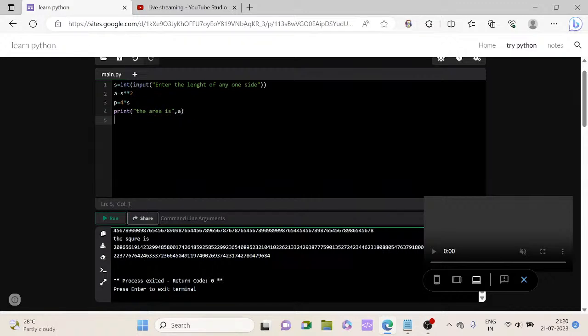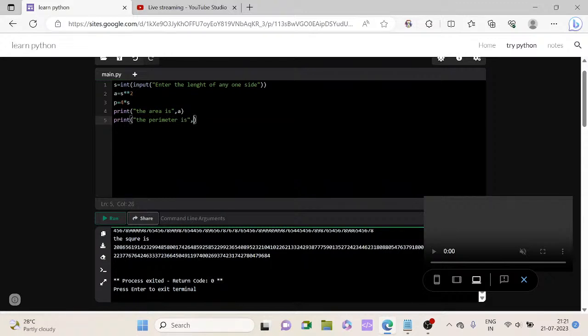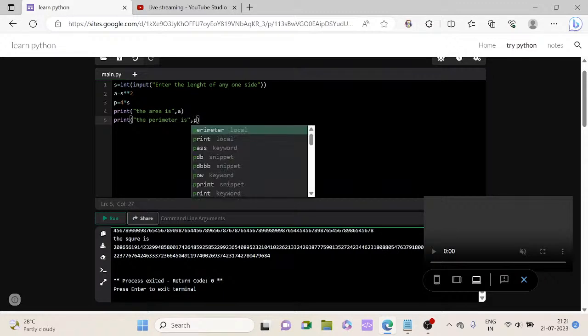At the next line, print bracket, inverted quotes, the perimeter is, after that inverted comma we will put a comma, then P.